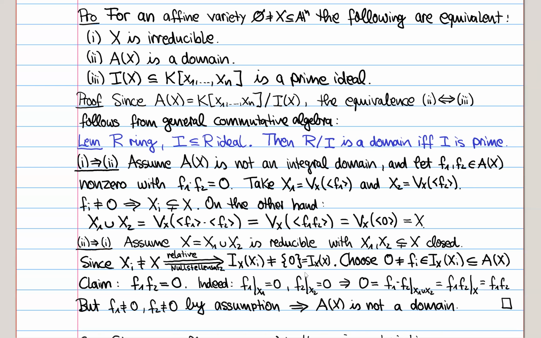Okay. And so we have this characterization of when an affine variety X is irreducible.